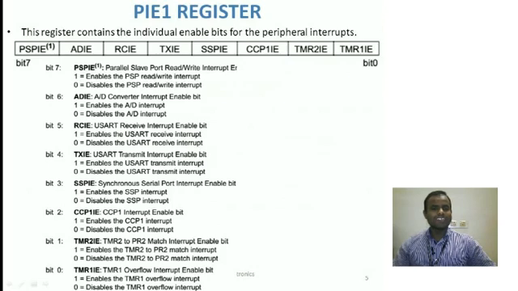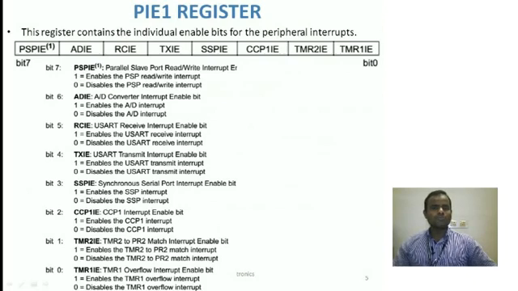Then you have receive and transmit interrupt enable bits, which are used for serial communication purposes. If set, they will enable the serial communication interrupt. Then you have the synchronous serial port interrupt enable bit, which is another form of serial communication as we have already discussed. Then you have the CCP, that is capture compare mode, and you have timer 2 and timer 1 interrupt enable bits.